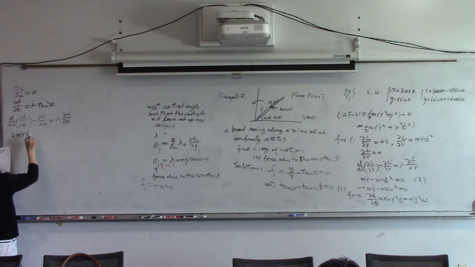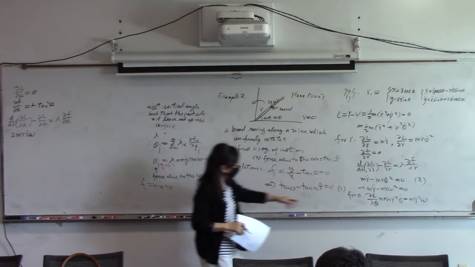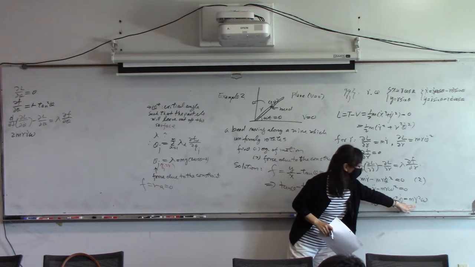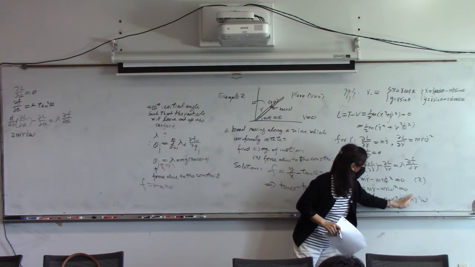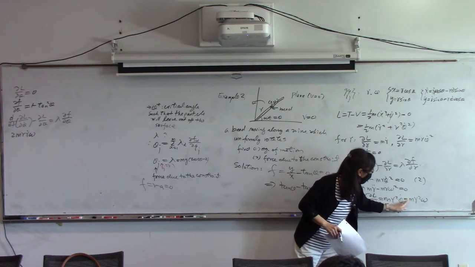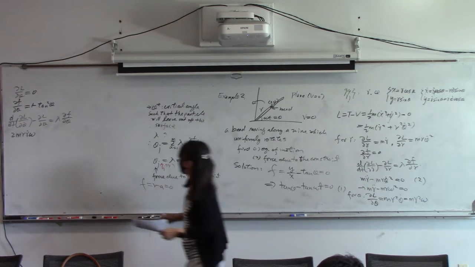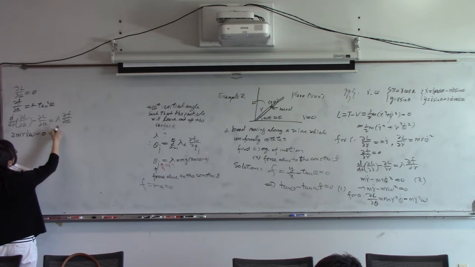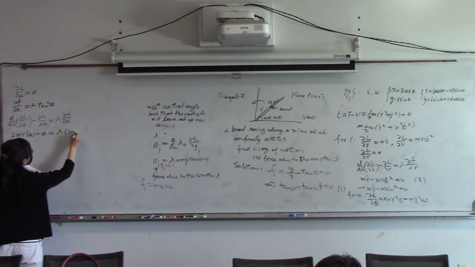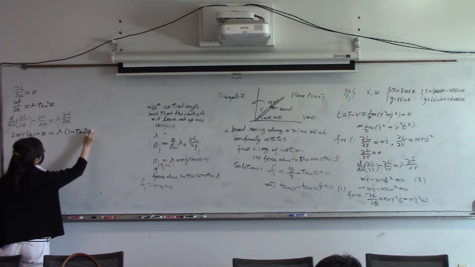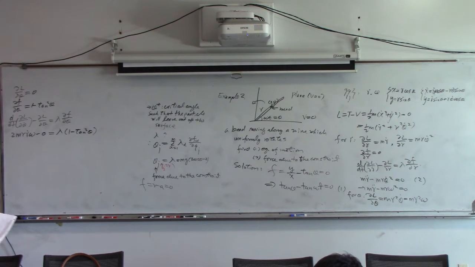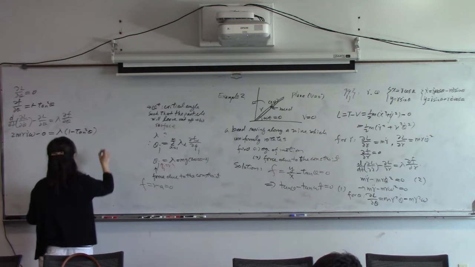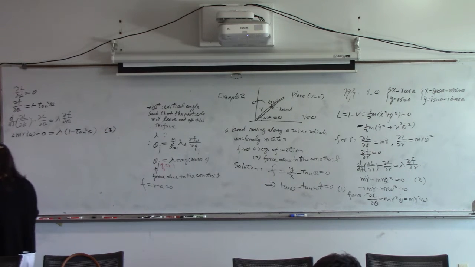Here I'm going to use theta dot, or you can use m omega, it's fine. Only r is a function of time, so the factor 2 r dot, right? And minus partial L partial theta, which is 0, equals lambda 1 minus tangent square theta. That is equation 3.